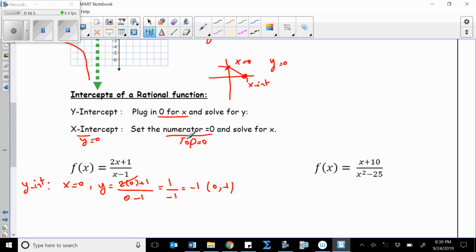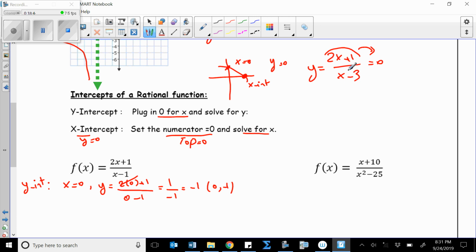But if you have a fraction, like a rational function, for example, 2x plus 1 over x minus 3. This is my y. So I want to set y equal to 0 and then solve for x. Whenever you have a rational expression equal to 0, only your top needs to be equal to 0.